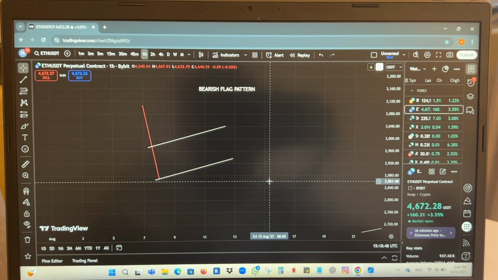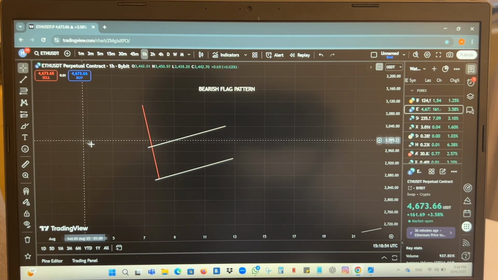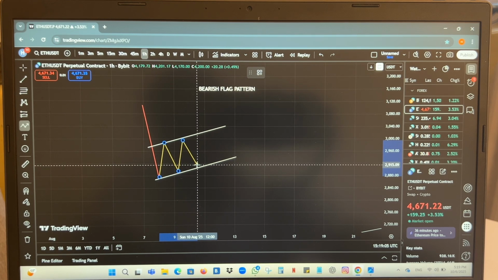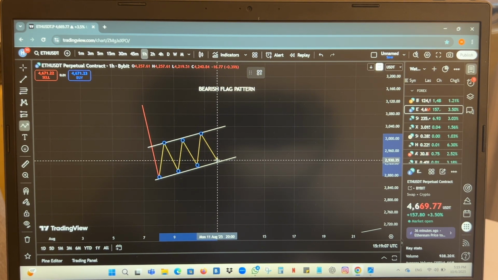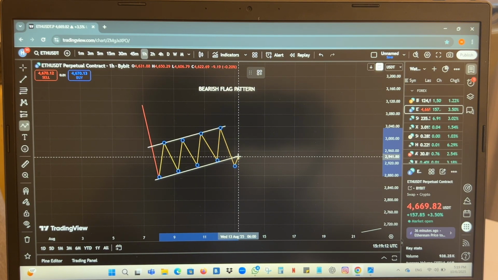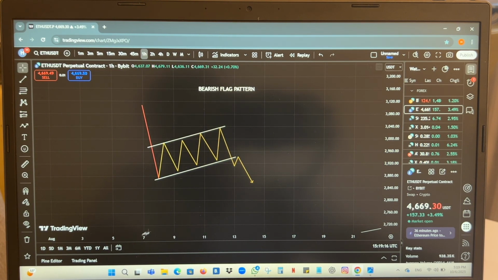Try drawing different patterns so you get the idea of what kind of pattern it's going to make. And then the market makes these kind of highs, these kind of lows, high highs, high lows, and then at some point it's going to break the lower support level, and then it keeps on dumping.